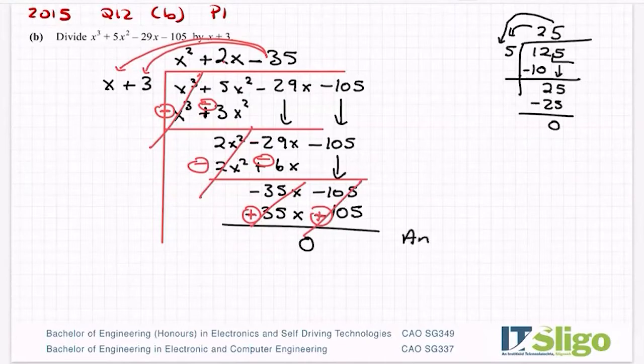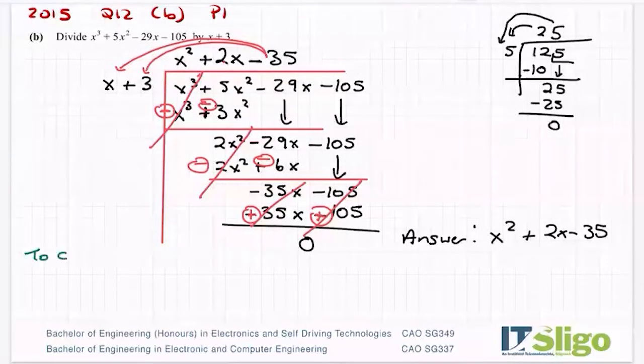So my answer, when you long divide x cubed plus 5x squared minus 29x minus 105 by x plus 3, you get x squared plus 2x minus 35. Your answer is here up the top. So that's the sum done. So what have you just done?